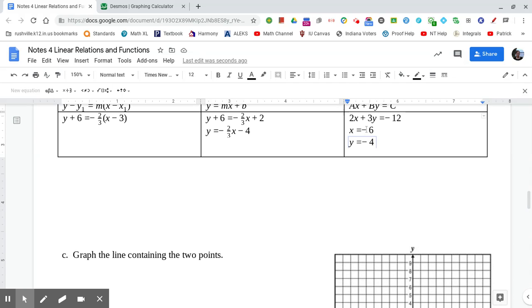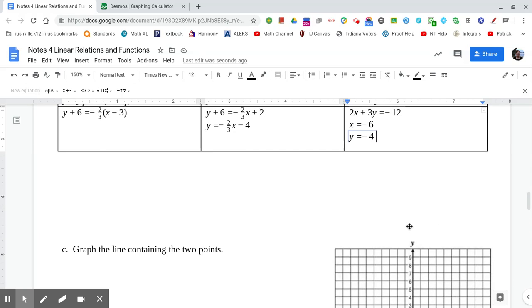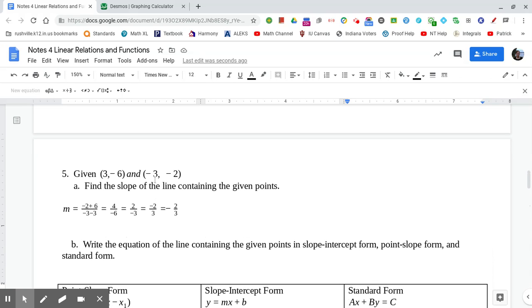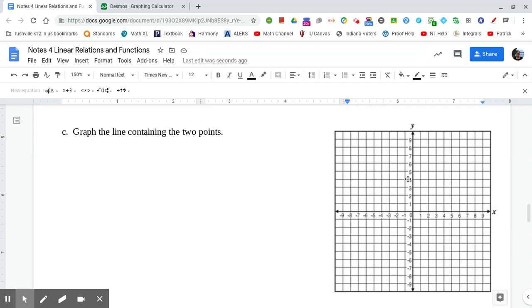If you want to use the intercepts, you could plot a point at -6 on the x-axis and a point at -4 on the y-axis, use a straight edge and connect them. Or, going back up to the very top, you could have plotted these 2 points, and then again, use a straight edge and connect them.